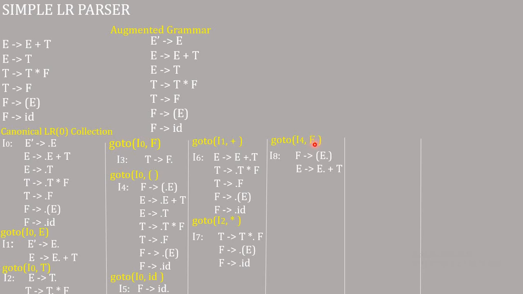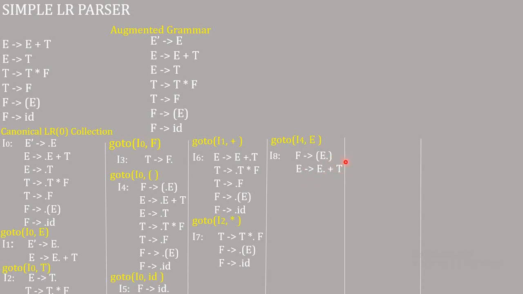Here we are defining for E, so we have to refer to those productions in that item set where the dot is followed by E. Here we have dot followed by E, and here also dot followed by E. So we have to refer to these two productions, and in those we just shift the dot after E. So we get F tends to open bracket E dot closed bracket, and the next one is E tends to E dot plus T.